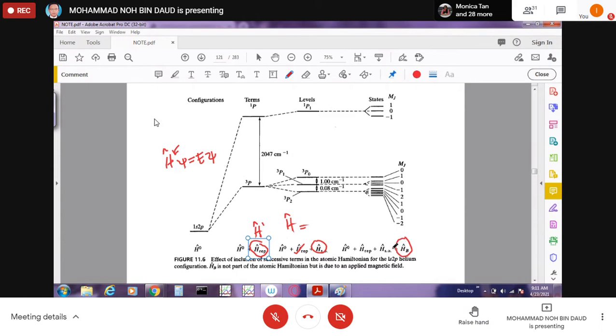So we have here these three perturbations in this perturbed Hamiltonian operator. Basically we have three perturbations. So now we have determined here the angular momentum, the total angular momentums.